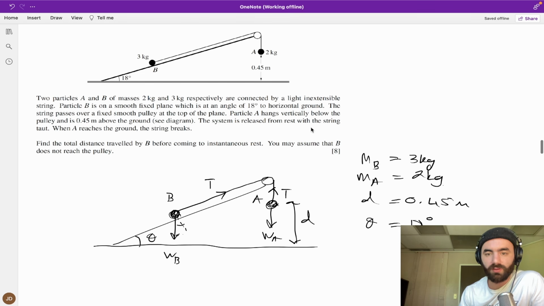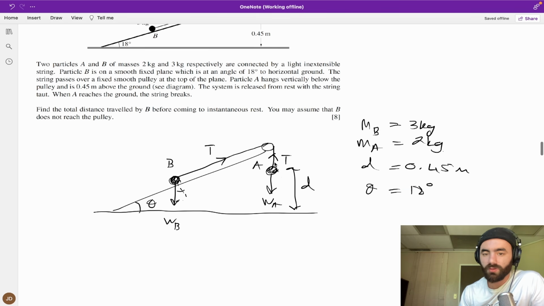The particle A hangs vertically above. So just explaining this diagram, the system is released from rest with the string taut. When A reaches the ground, the string breaks. So A moves this distance D to the ground, the string will break, and then B will be in free motion. So find the total distance traveled by B before coming to instantaneous rest. You may assume that B does not reach the pulley.